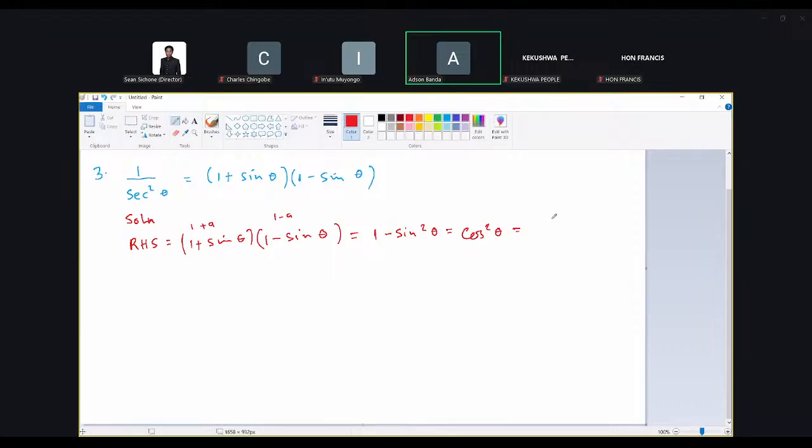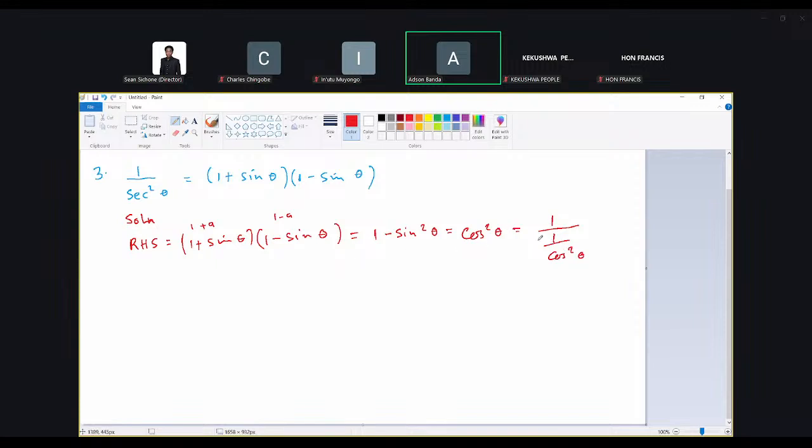So being clever here, of course, you need to think. I'll write this as follows. So this is 1 divided by 1 over cos squared theta. So I have not changed anything here, because this still comes back as cos squared theta.